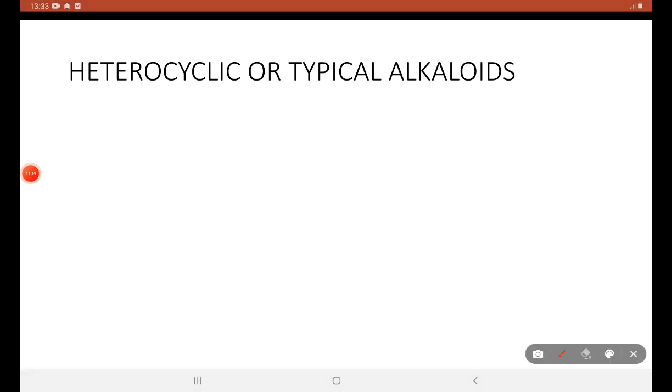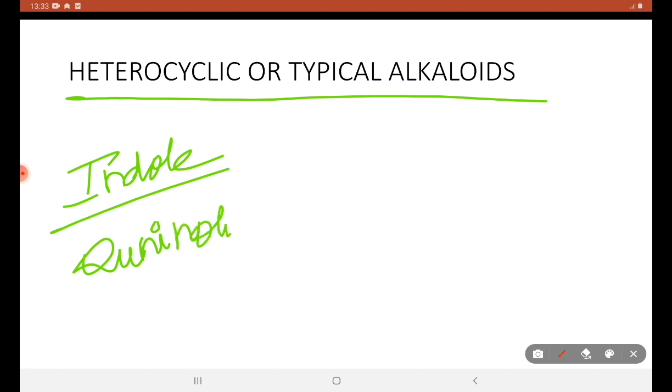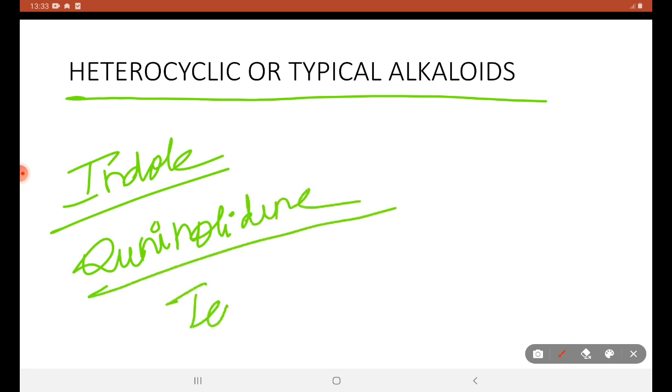Next, in heterocyclic alkaloids we have indole, vincristine, vinblastine, quinolizidine, terpenoid, caffeine that is purine.